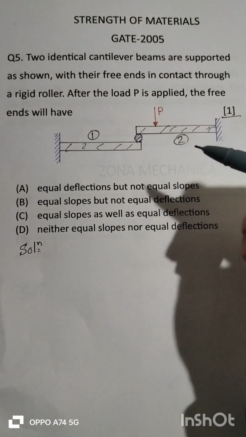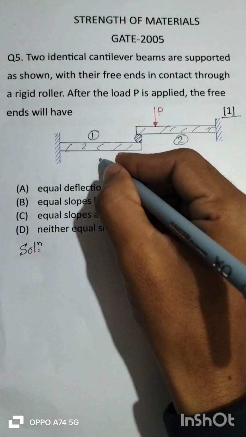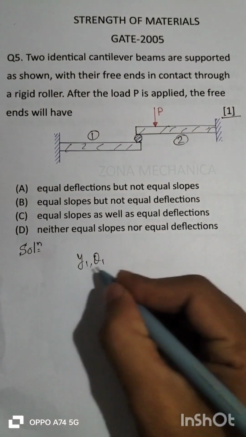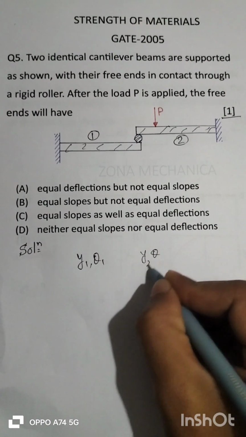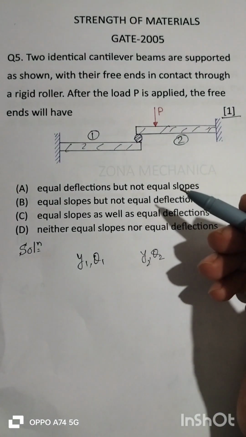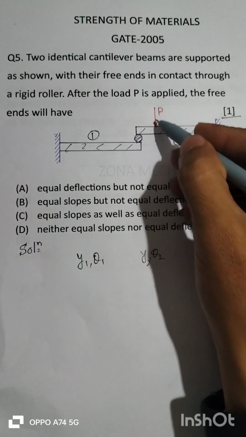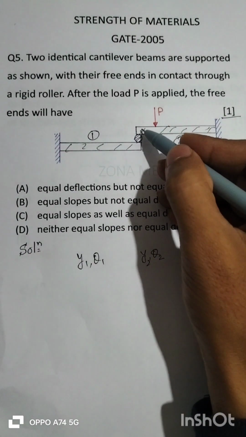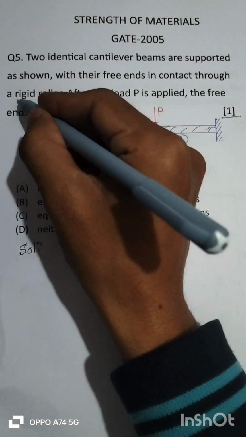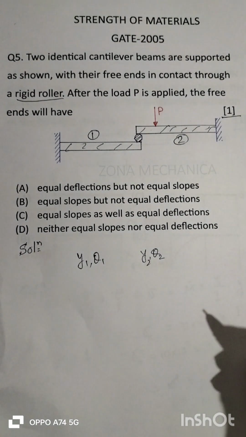So first let us see what will be the deflection. Let y1 and theta 1 be the deflection and slope in beam number 1, and those in beam number 2 be y2 and theta 2. At the initial condition both the beams are in contact with the roller, and after applying the load also these two beams are to be in contact with the roller, and it is told that the roller is a rigid roller, that is the roller is not going to crush.